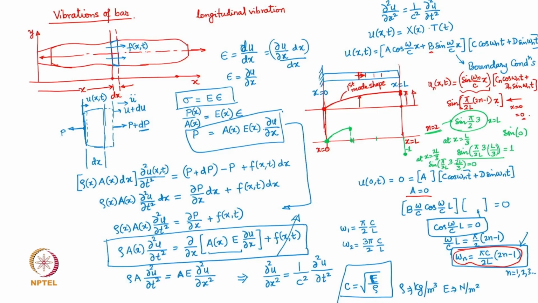And so this mode shape is going to pass through a nodal position here at 2L by 3 position, and at L by 3 it will have +1.